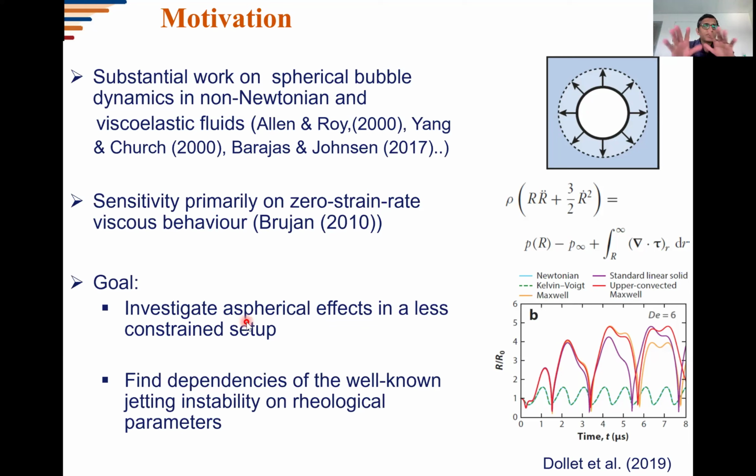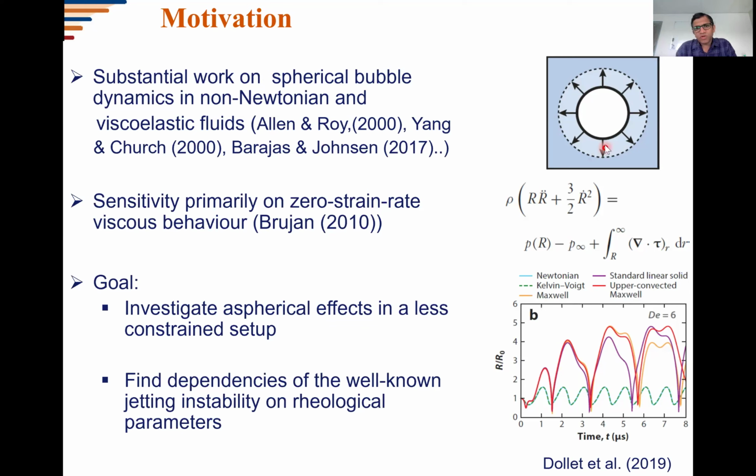As the jet disintegrates and breaks up, obviously there's effect of viscosity and surface tension and so on, but not so much while the jetting process itself takes place. Whereas now, if we start thinking about tissues in general and fluids that might be much more viscous, it's both viscoelastic, and so the viscoelastic response is quite important there, right? And while there's a substantial body of work that has been done to analyze spherical bubble dynamics in such fluids, there's much more that has to be done when it comes to jetting characteristics.